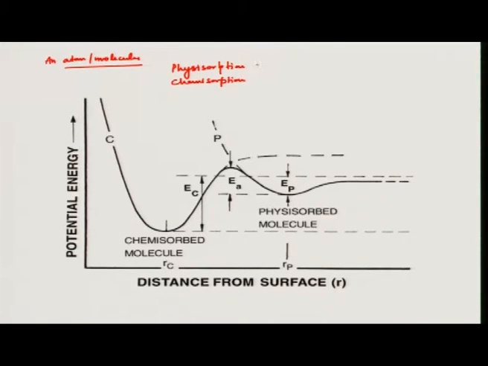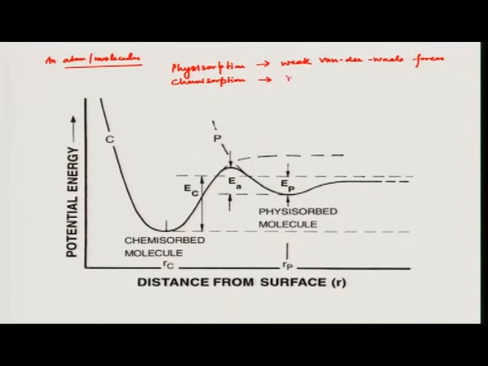Now, physisorption happens by means of weak van der Waals forces. And chemisorption happens by bonding between the atom or molecule of the thin film and the substrate.